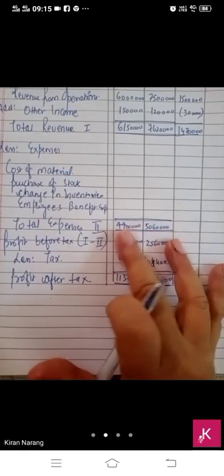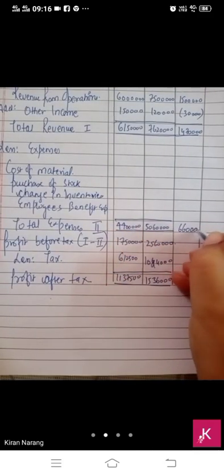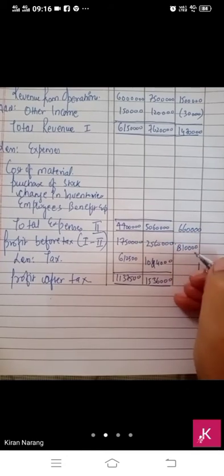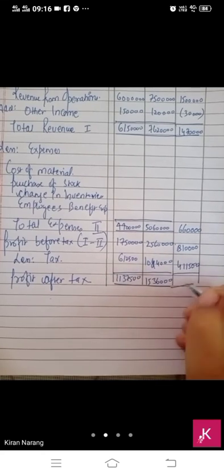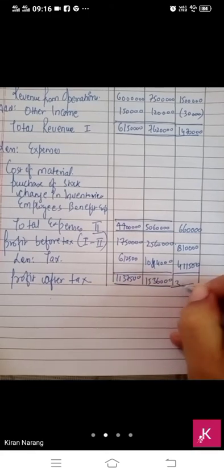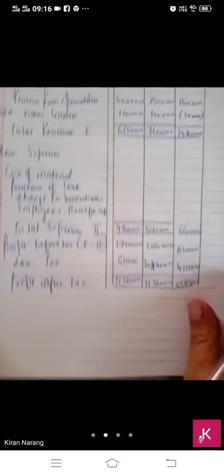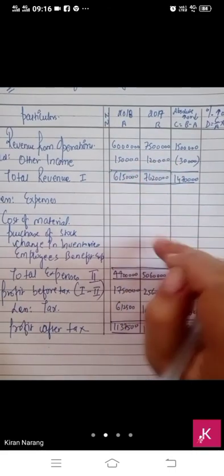Then this minus this, it will be 6 lakh 60,000. Then 8 lakh 10,000. Then 4 lakh 11,500, and again you have to deduct this from this. It will be 3 lakh 98,500. Is it clear to you? We just have subtracted A from B. B minus A was the C.